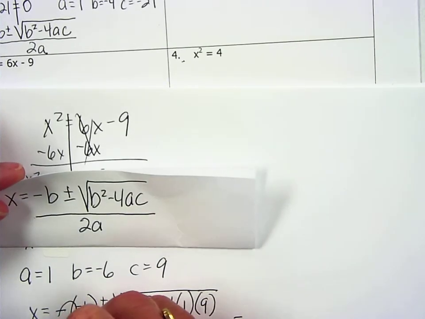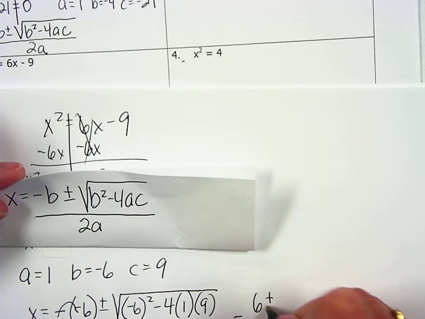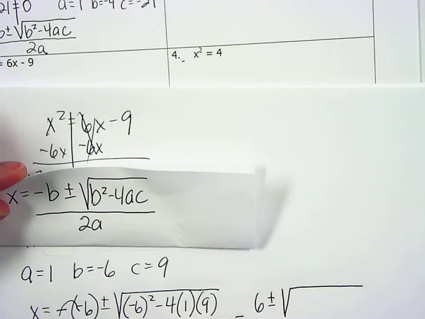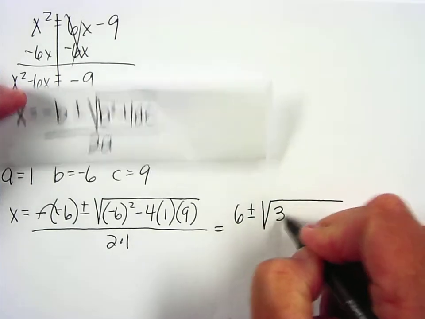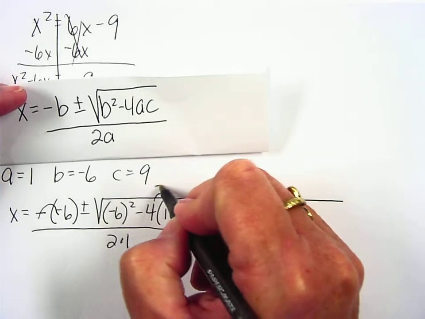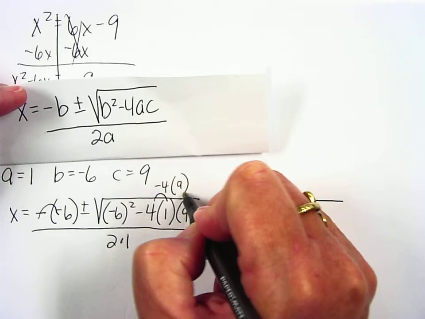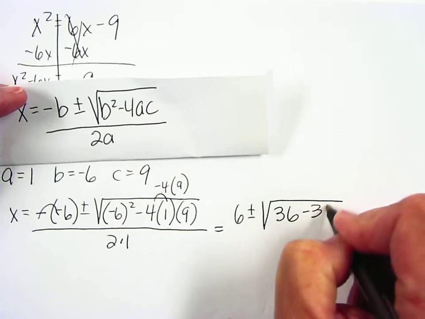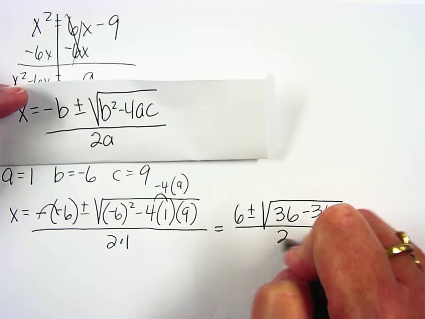Negative negative 6 is positive 6 plus or minus the square root. Negative 6 quantity squared is 36. Negative 4 times 1 is negative 4. Negative 4 times 9 is negative 36. All over 2 times 1, which is 2.